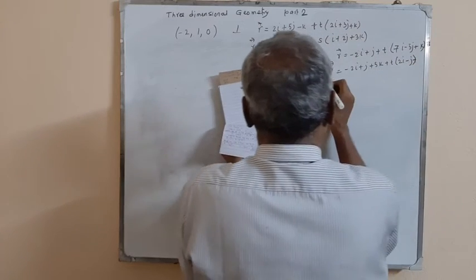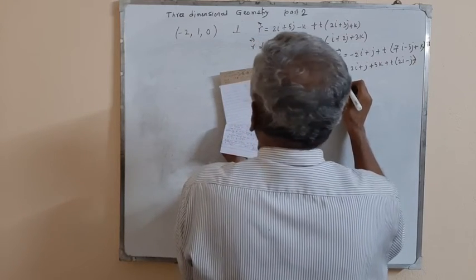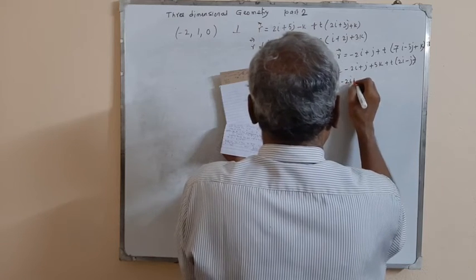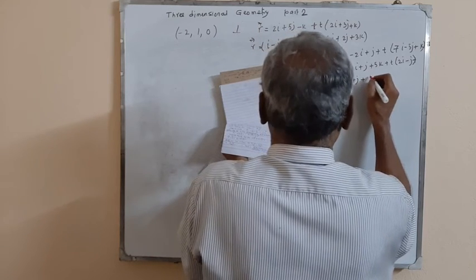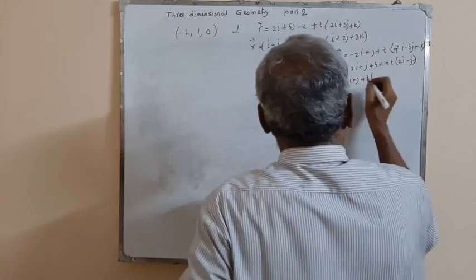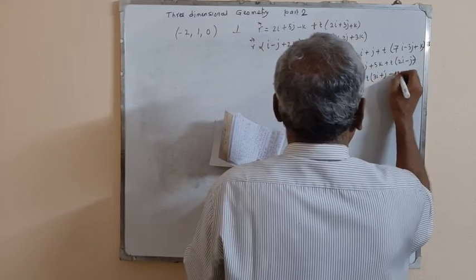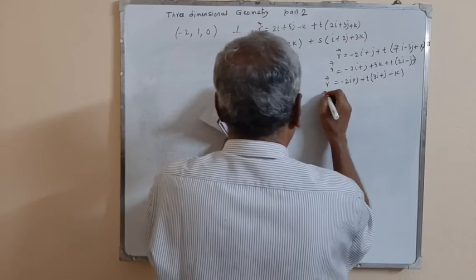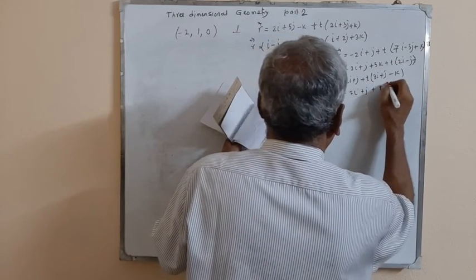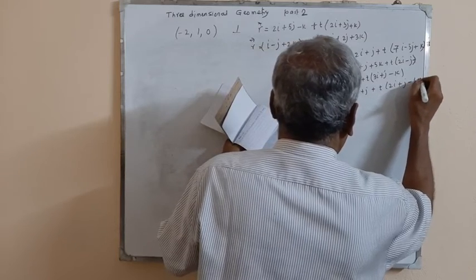Third: r is equal to minus 2i plus j plus t times (3i plus j minus k), and the fourth one is minus 2i plus j plus t times (2i plus j minus 4k).